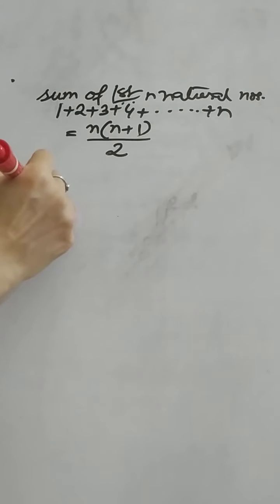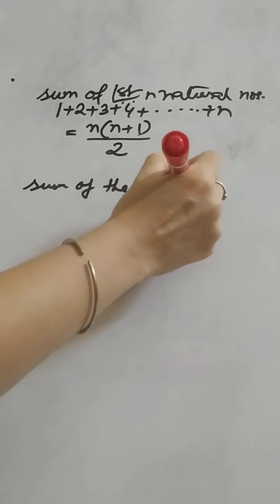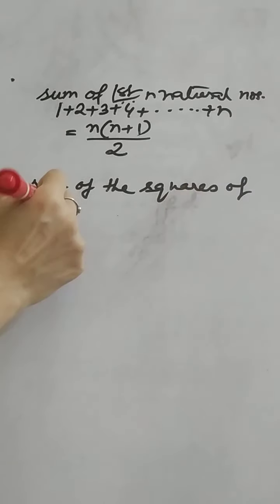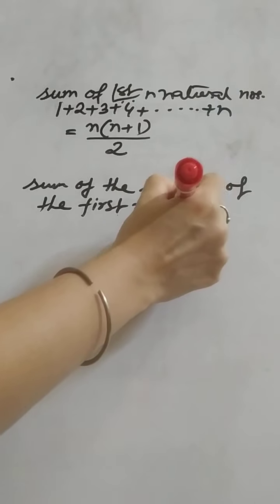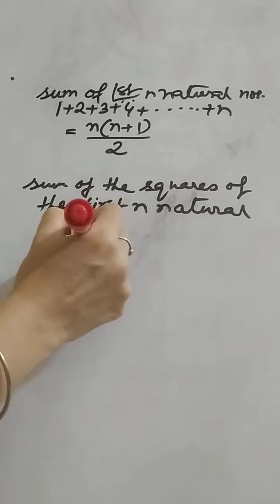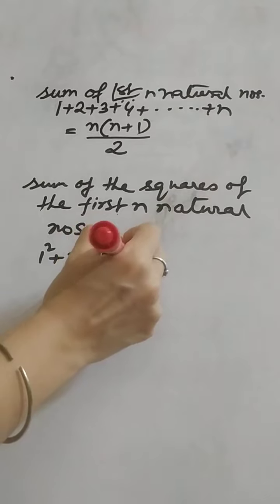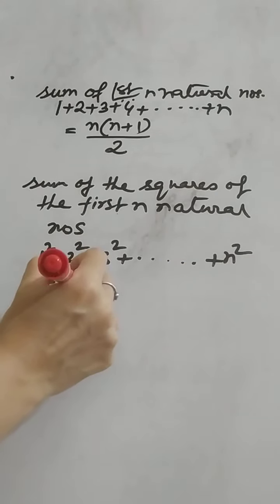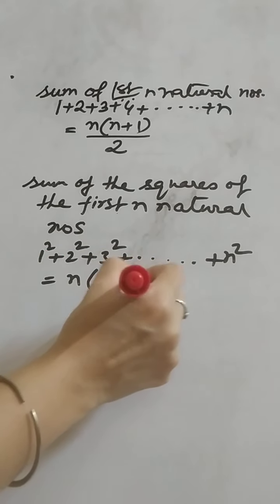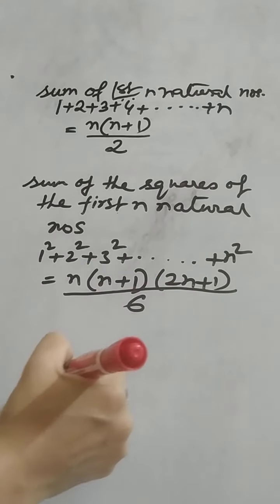Now, the sum of the squares of the first n natural numbers, that is 1 square plus 2 square plus 3 square plus dot dot dot plus n square, is equal to n into (n plus 1) into (2n plus 1), whole thing divided by 6.